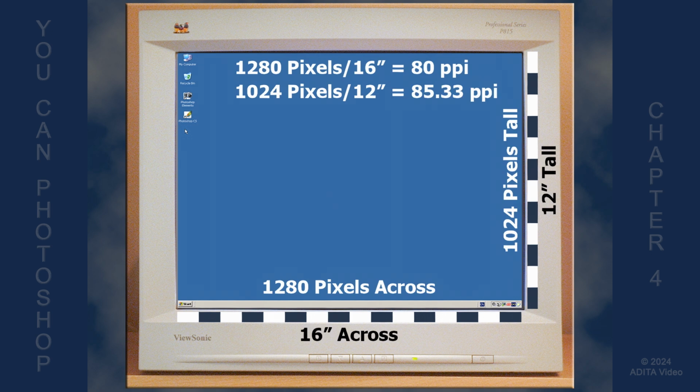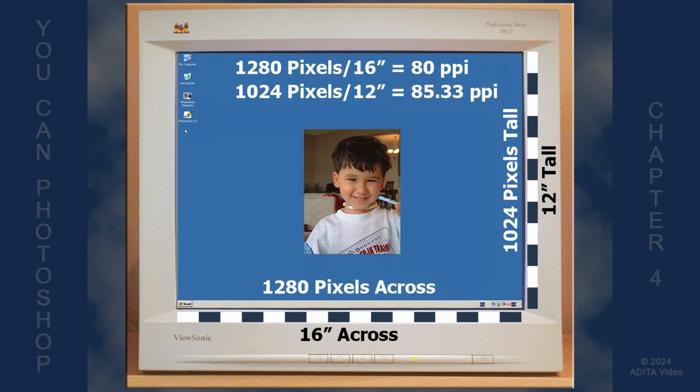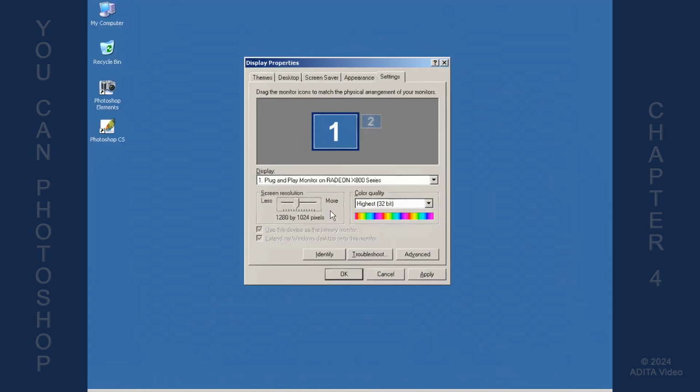This time, the vertical resolution is greater than the horizontal resolution. Here's our photo on my ViewSonic monitor with a 1280 by 1024 desktop. The image is distorted, and this time it looks slightly too wide. That's what happens when we display a 5:4 desktop on a 4:3 monitor. To achieve an undistorted appearance, we'd need to use a monitor that has a 5:4 aspect ratio.